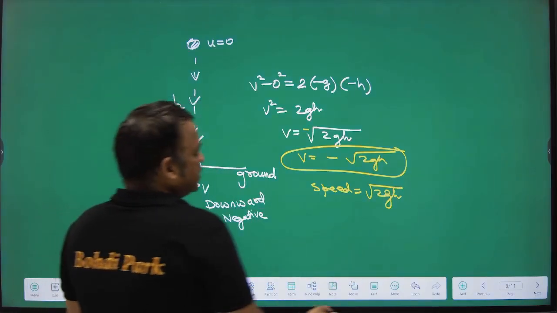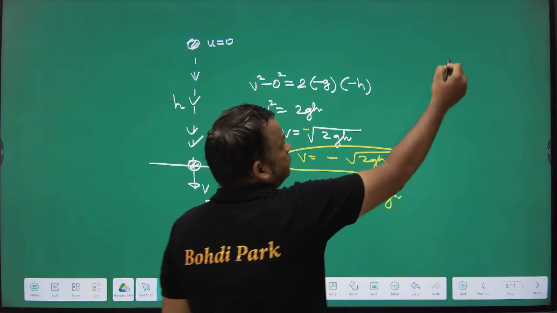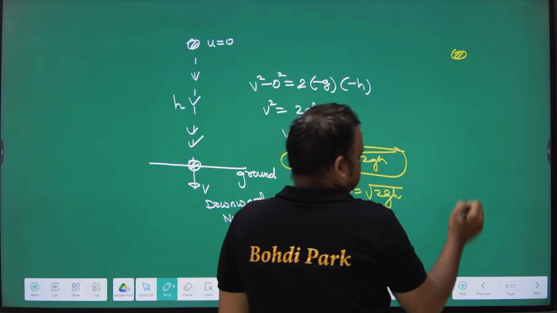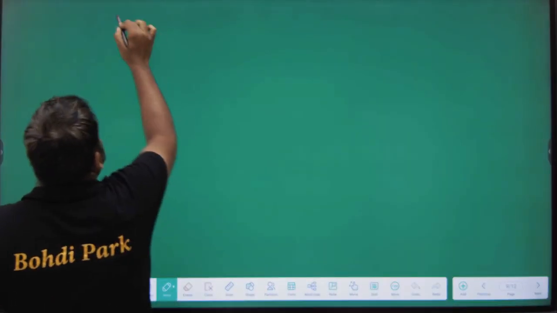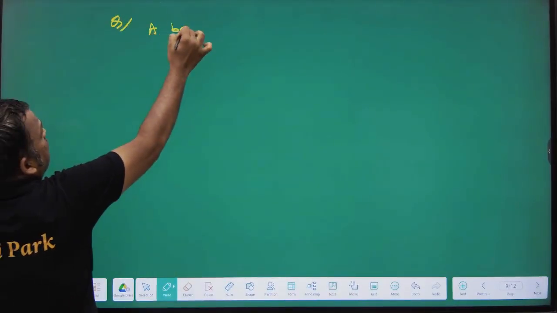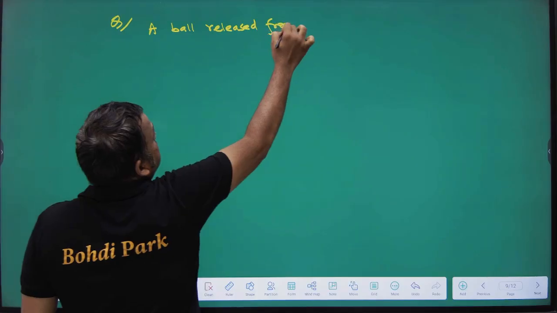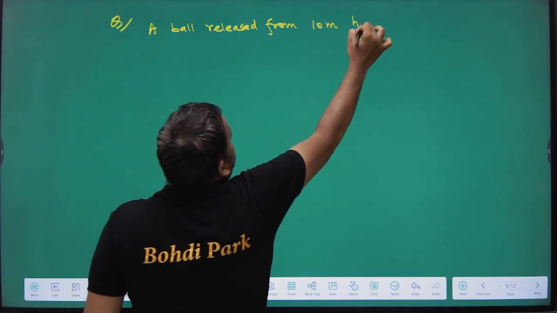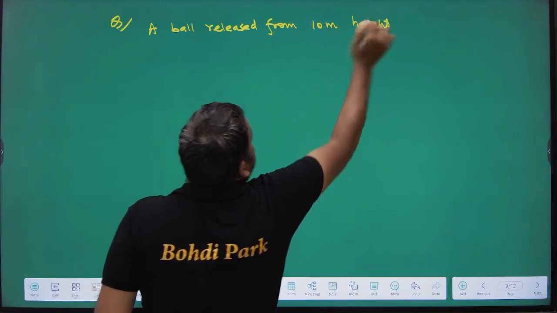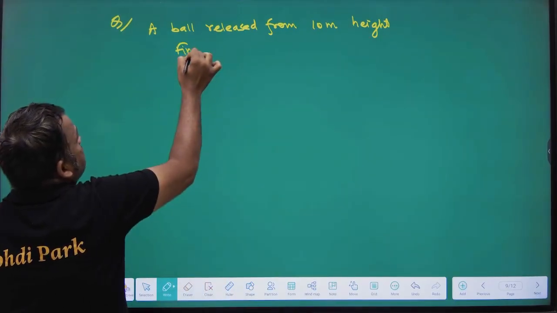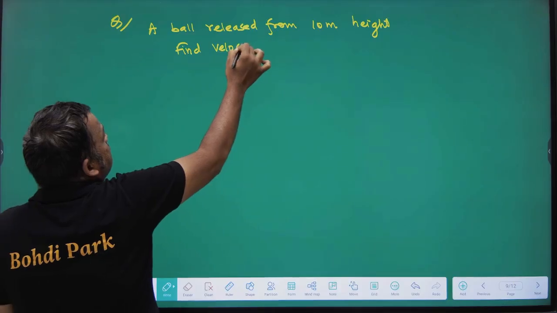So let's take one example. A ball released from 10 meter height. Find velocity of strike.